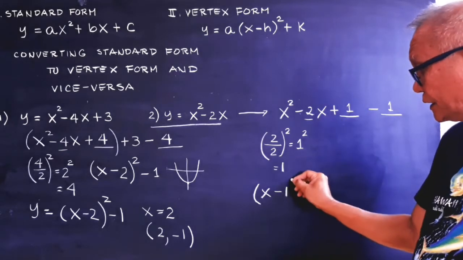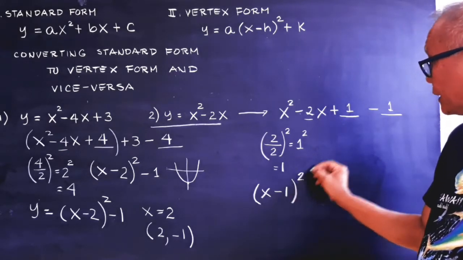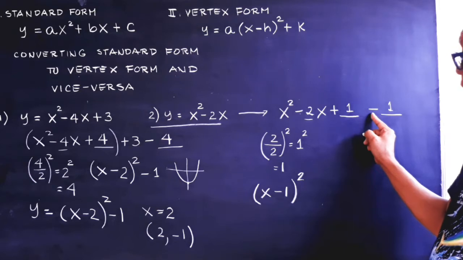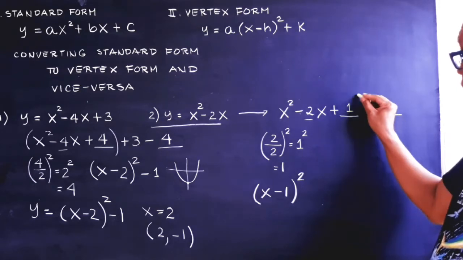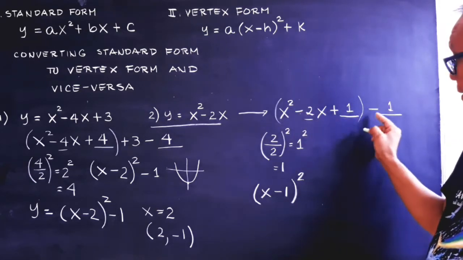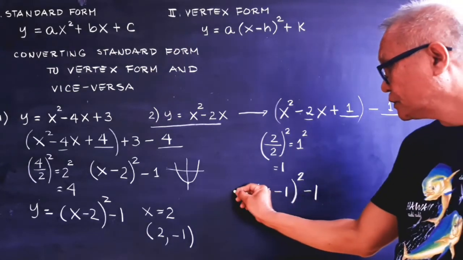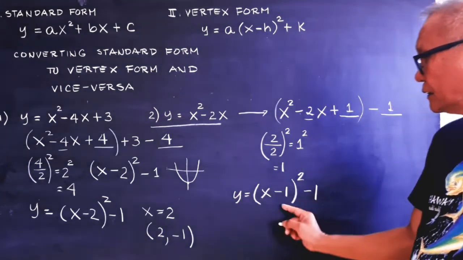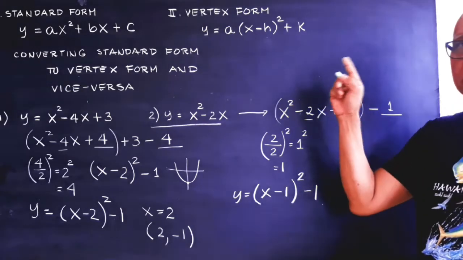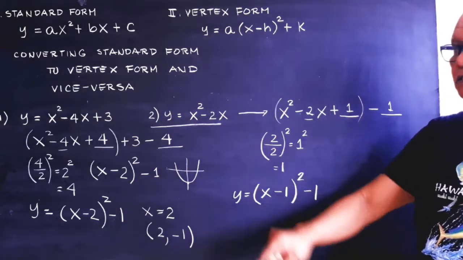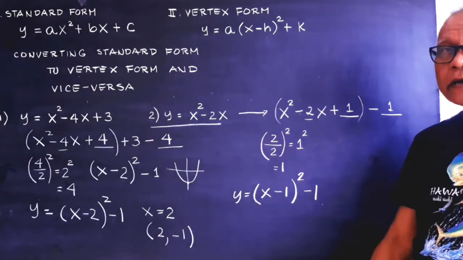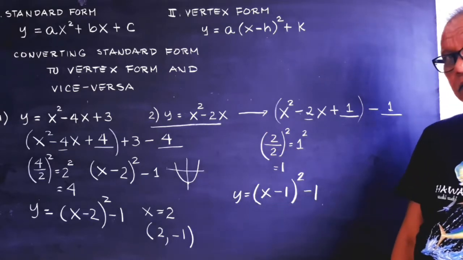So we have x minus 1 squared. Don't forget this one, minus 1. So you have minus 1 here, put the y here, and that is our vertex form of this general form, x squared minus 2x.